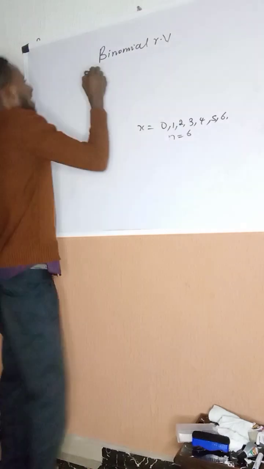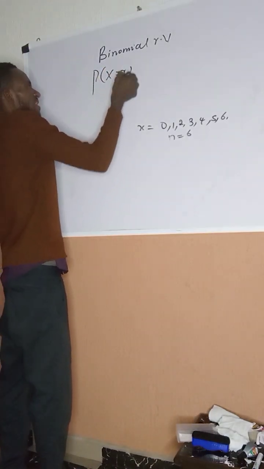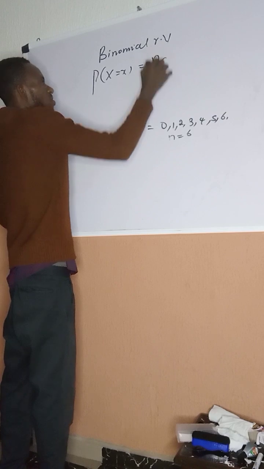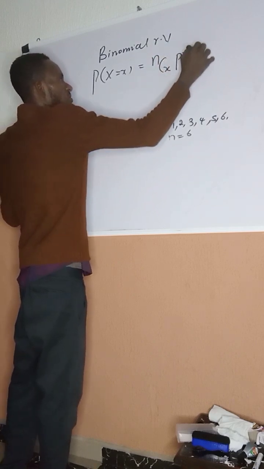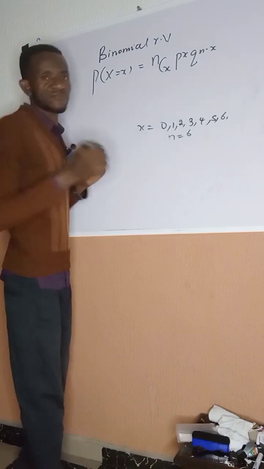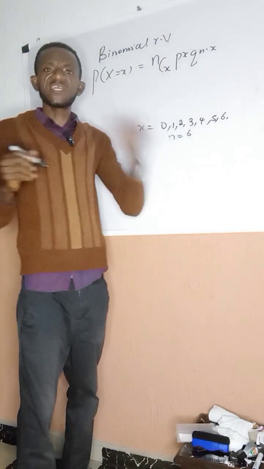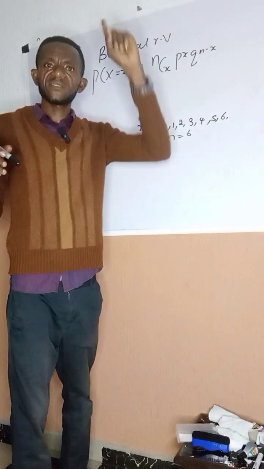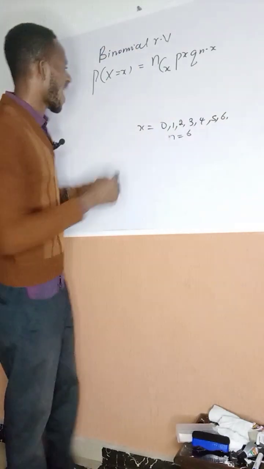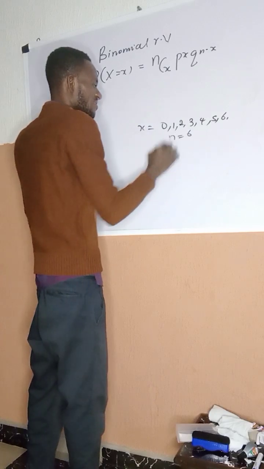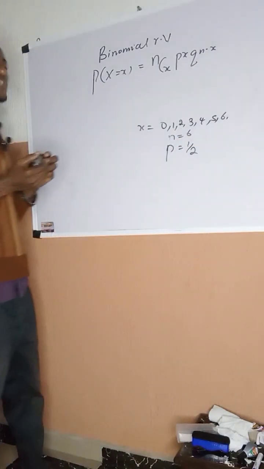So I will now come here and say the probability that capital X equals small x is given as n combination x, p to the power x, q to the power n minus x. What if they give us additional information that the probability of getting a head is 1/2 in each trial? So I have that my p equals 1/2 as additional information.